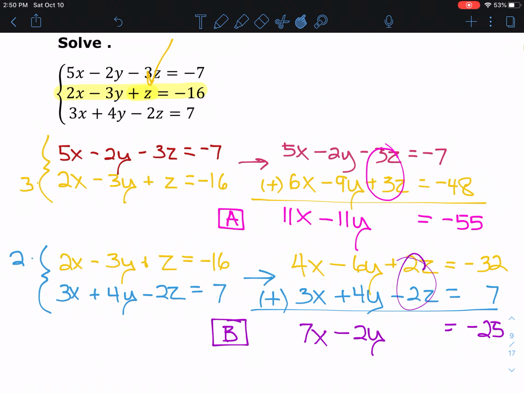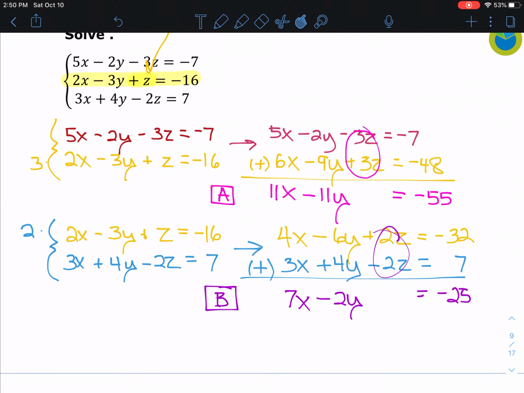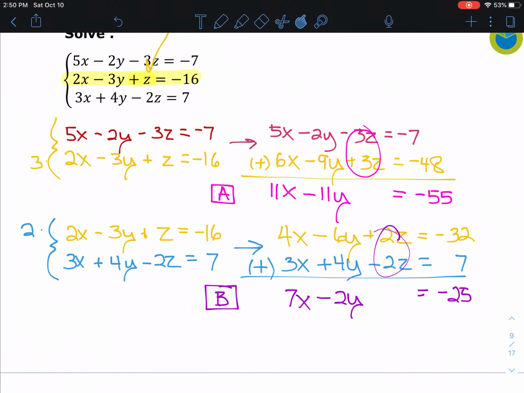Okay, so now that we have eliminated z, we're going to continue that process, and we're going to take equation A and B, and we're going to eliminate another variable.